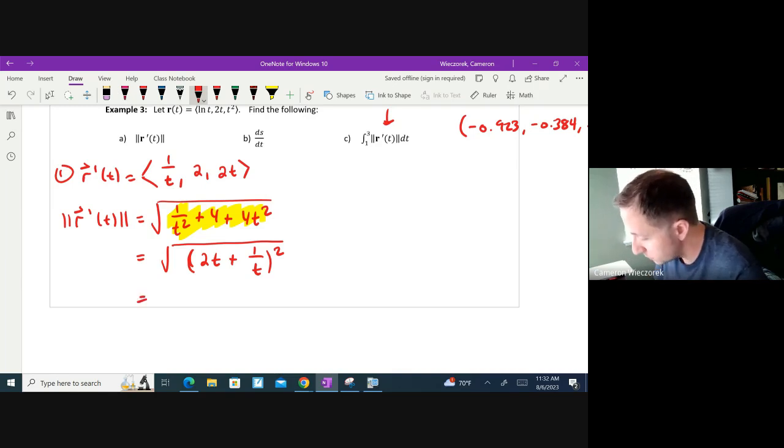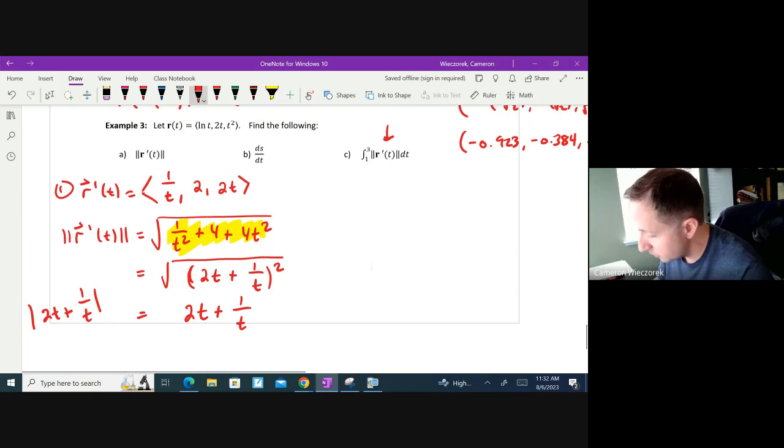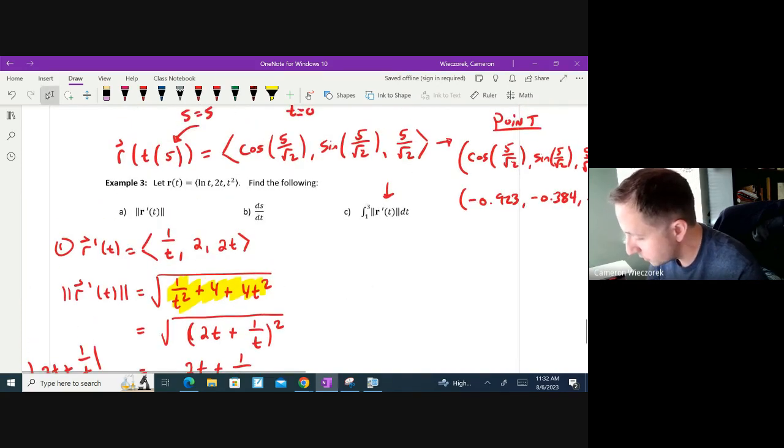Well, the square root of (2t plus 1 over t) quantity squared would normally give me the absolute value of 2t plus 1 over t, but I actually don't need the absolute value bars in this case, because if I look at the domain of the original space curve, natural log t is only defined for positive values of t.